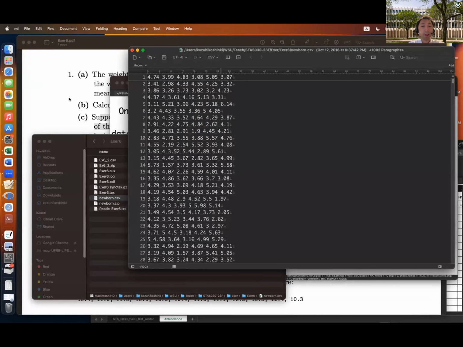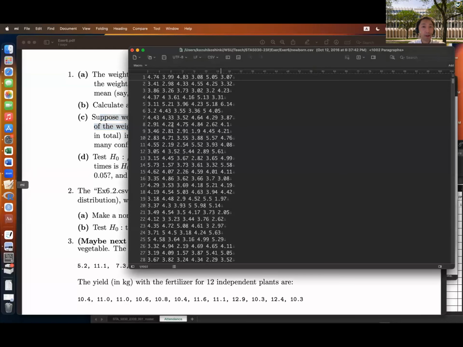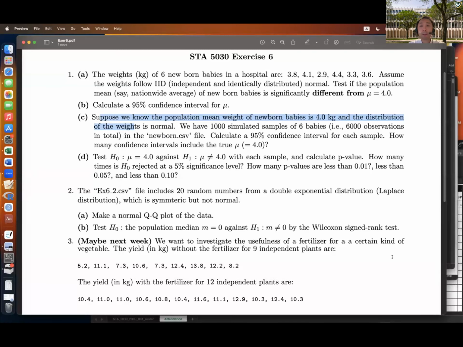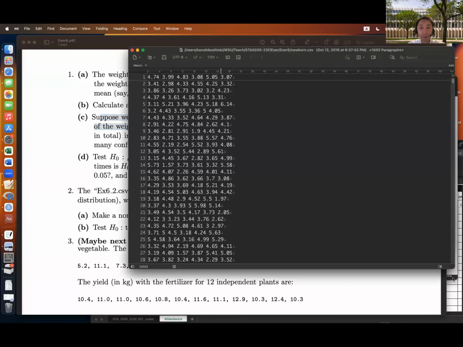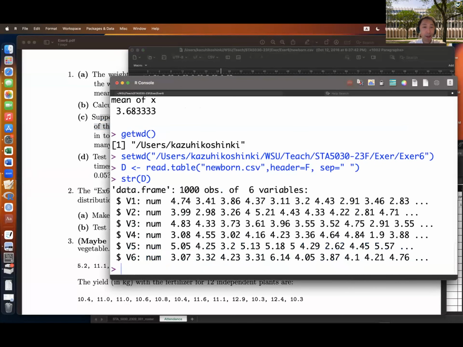So it's separated by space, and it does not have a header. The first line is just the first observation. So header is false, which is actually the default, so you don't really have to specify. And the separation symbol is space. In this way, I think these variables are loaded.